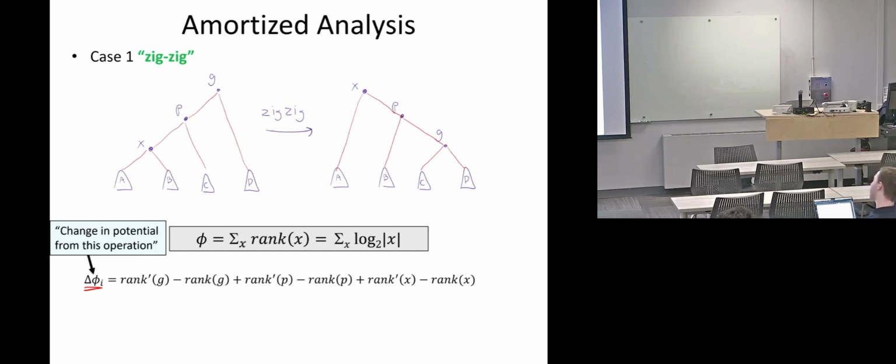The rank of any node below x, p, and g stays the same, because the rank just depends on the subtree below it.